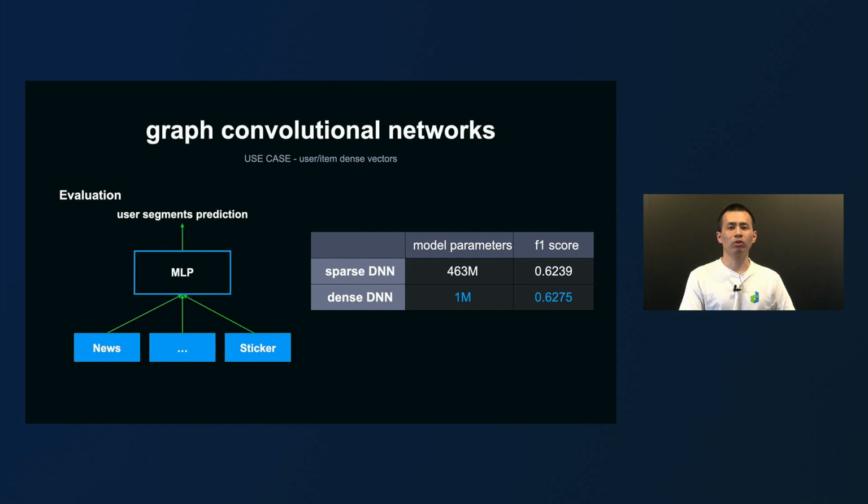To verify the accuracy of the generated dense vector, we test with a user segment prediction task. Input data to the sparse DNN is the user's historical ID. The historical ID is converted within the model. The input data of the dense DNN is the user's dense vector.